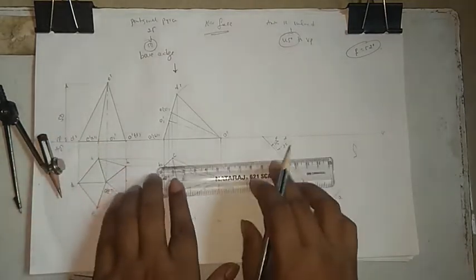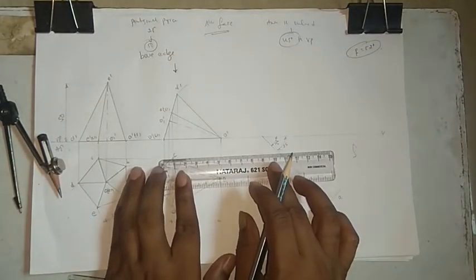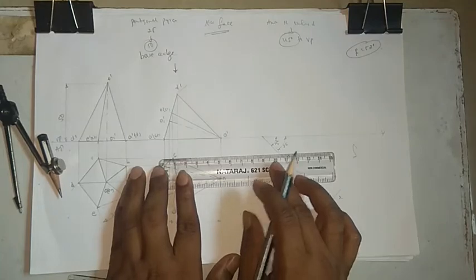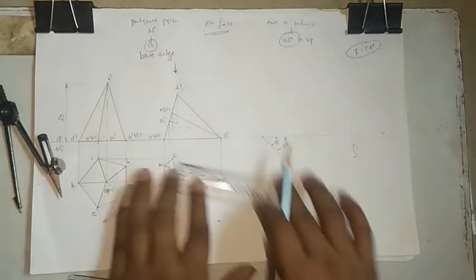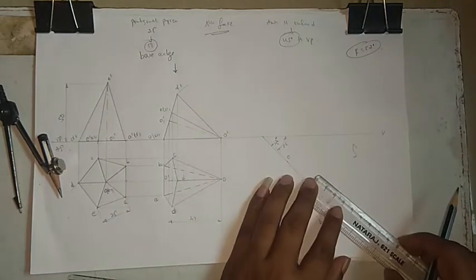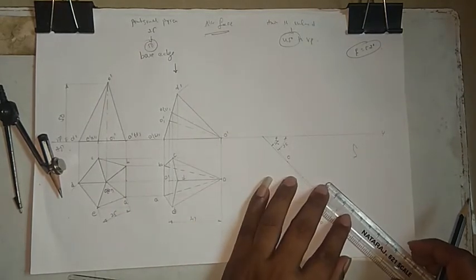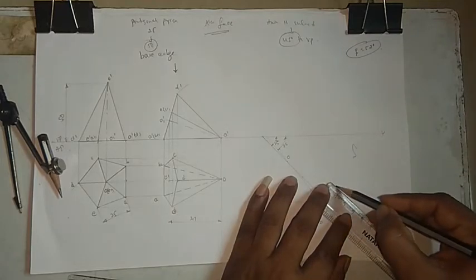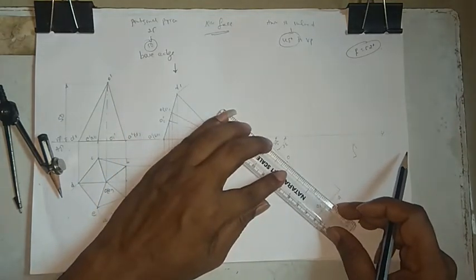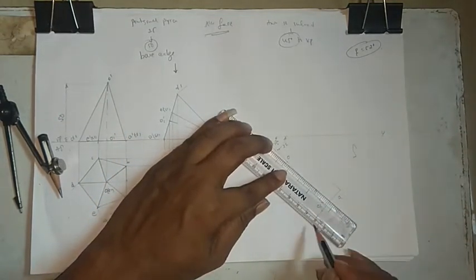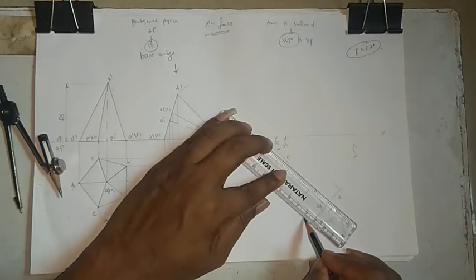Okay, so when this one is done, you can measure from this corner till the C, you're going to get around 8. Okay, so now on this line you can just keep an 8 and drop one line. Okay, and on the same line here also just keep one point here and mark 8.